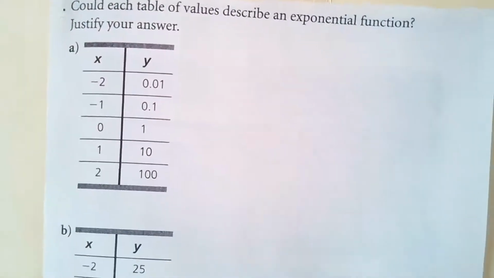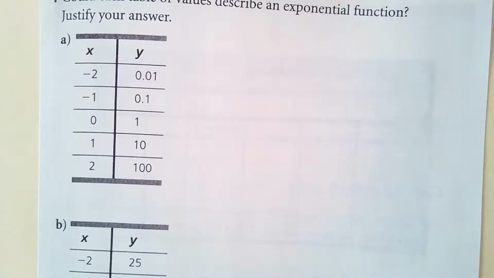We'll look at the last set of questions. And here, could each table of values describe an exponential function? Justify your answer. And this is where we are going to apply what we've learned earlier about ratio.